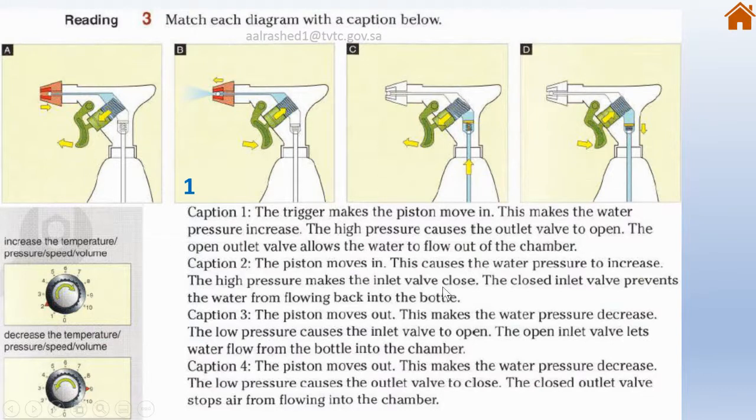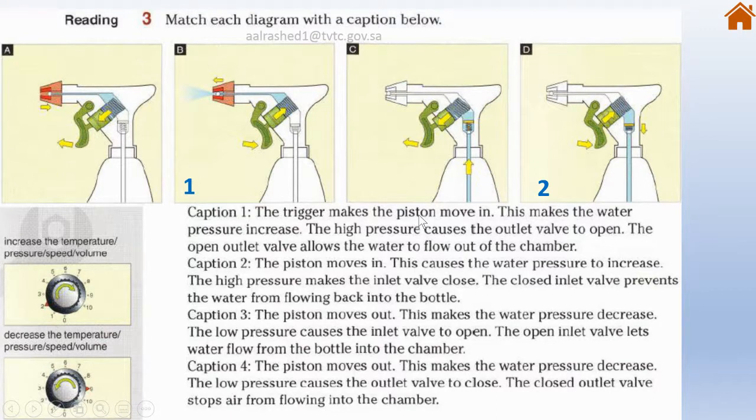You can identify the answer from the last sentence. Prevent means stops. There is no going back. No water comes back to its bottle. What do you think? Okay, this is the answer for number 2.